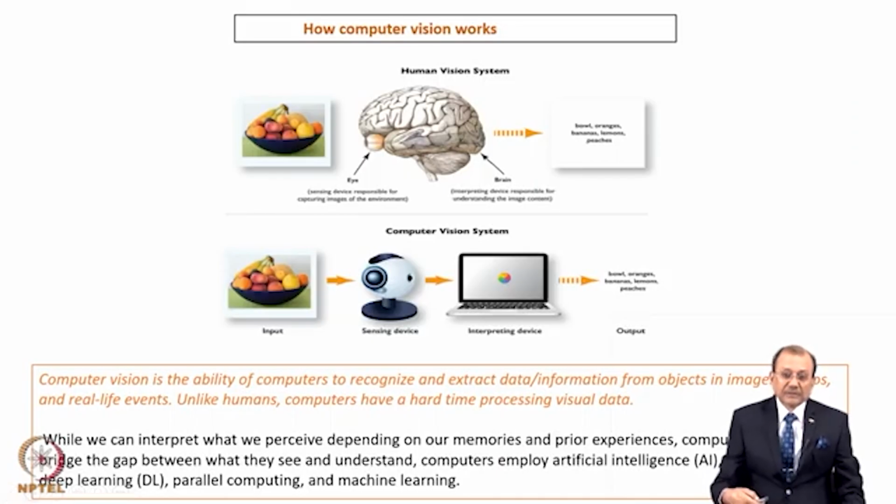Now, if we like to see a layman's picture of AI and compare the difference between how the human vision system works and how the computer vision system works. When we see any object, for example some fruits, we are able to recognize whether it is a banana, an orange or an apple.